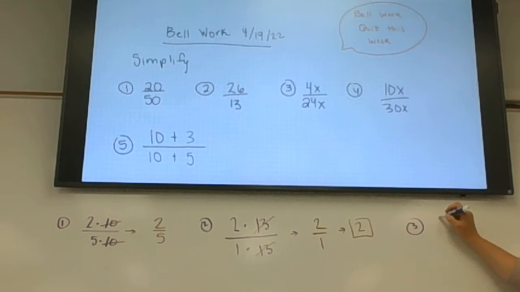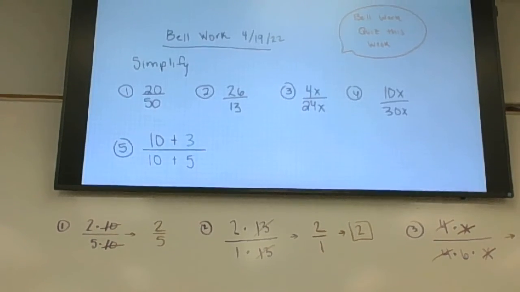Number 3 is 4 times x over 4 times 6 times x, if you wrote it as common factors. So the 4 is reduced top and bottom, the x is reduced top and bottom, we have a 1 up top and a 6 down below. Since there was 1 x up top and 1 x down below, we reduced common factors.